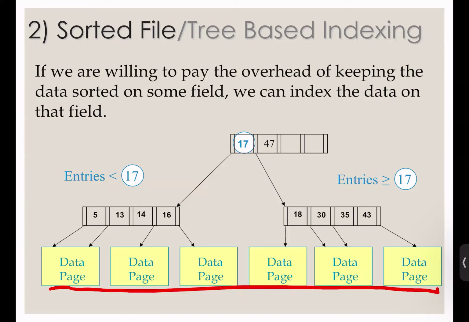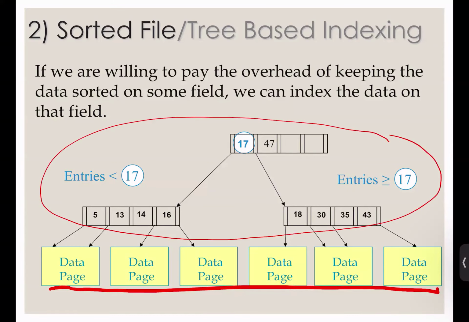But you can also put an extra index structure on top of sorted files. That's part of the B plus tree that we talked about last time. Say we have the B plus tree on top of the sorted file. Down here, this is sorted order, and then we can build a tree on top of it. Of course, we can search for things fast.